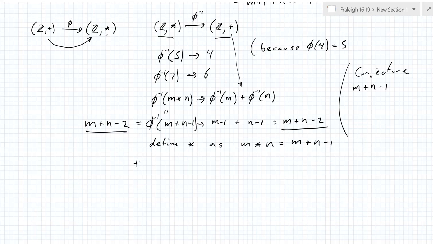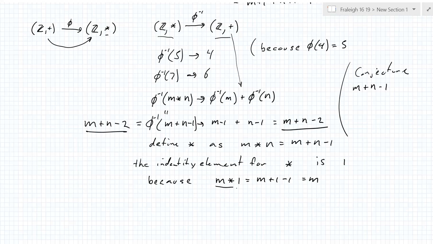The identity element for star, as defined in the second half of the problem, is 1, and that's because m star 1 is always equal to m plus 1 minus 1, which is equal to m. So m star 1 is always equal to m, so that's the identity element.